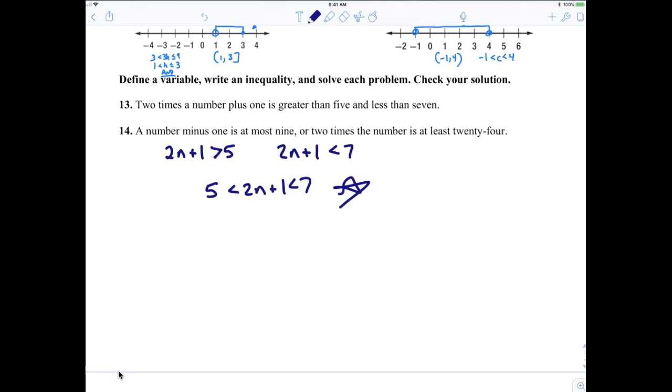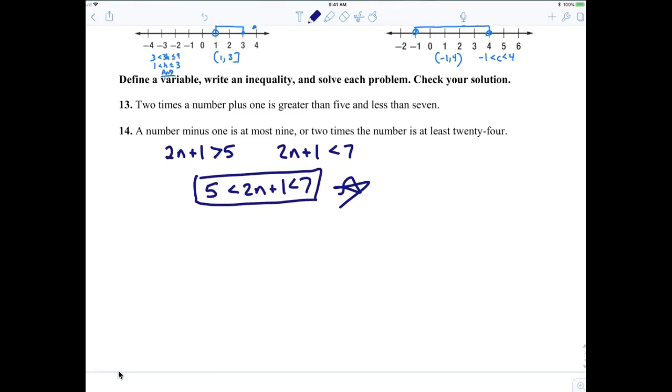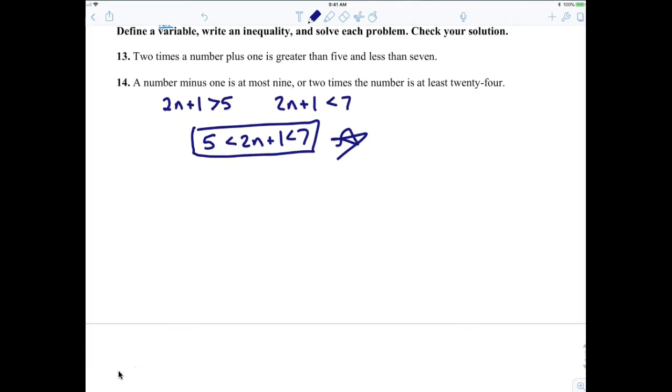The reason why 14 is better, even though I'm pretty sure now that 13 is set up properly, is that 14 is one that we would possibly have on the test. It would say a number minus 1 is at most 9. If I have at most 9, I want to say a number minus 1 is less than or equal to 9. Or, and then it's a completely new statement.